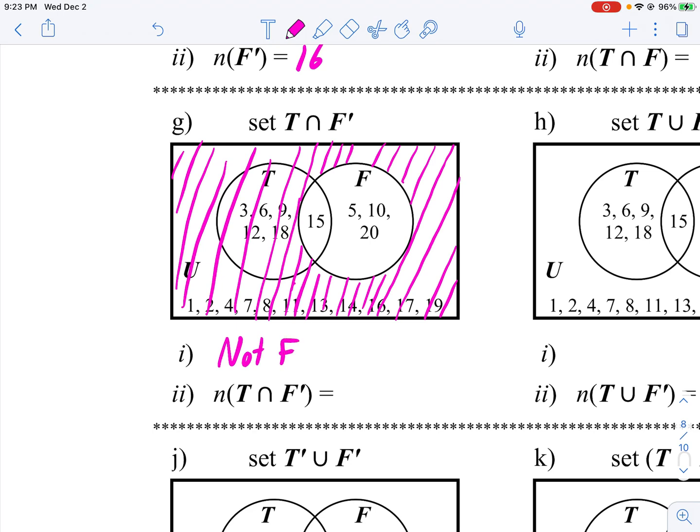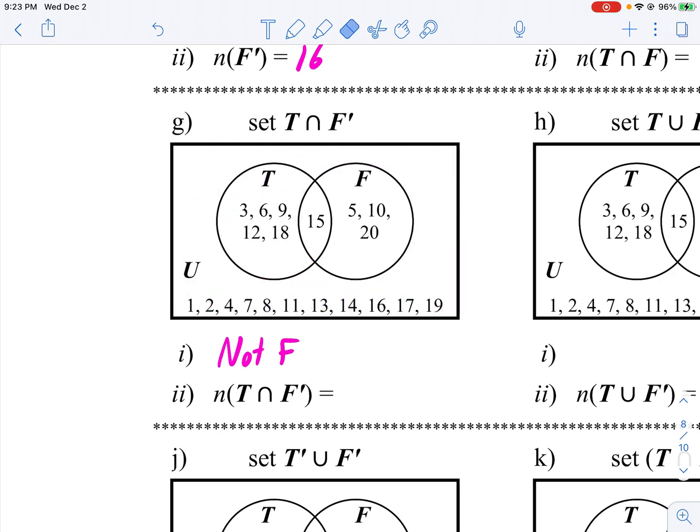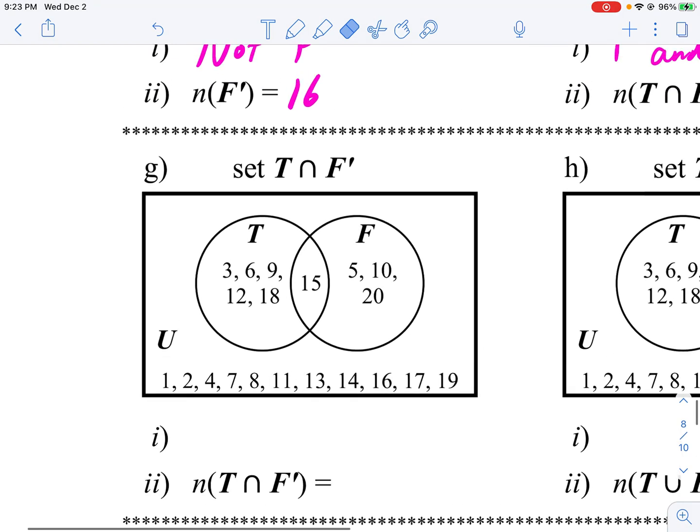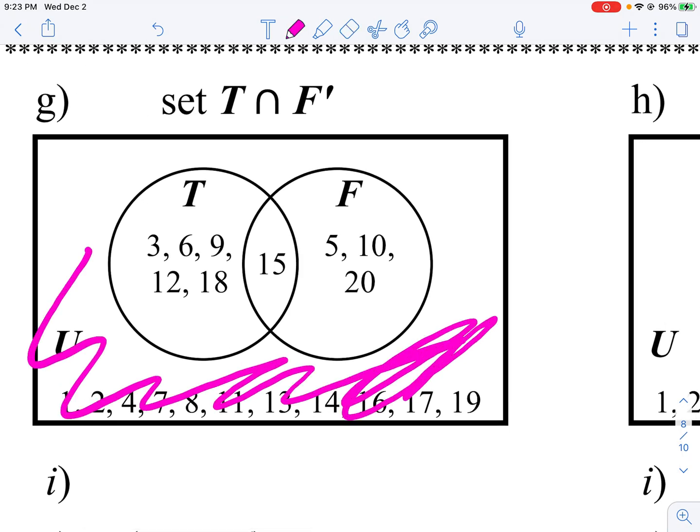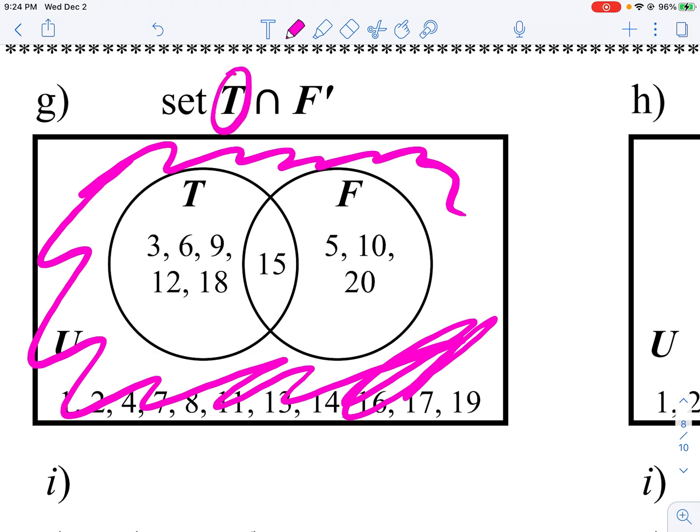What am I doing? I've messed up. So it's T and not F. We can't have this, because this would be considered not F, but it wouldn't also be considered T. We need it to be in both the subset T and the not F part. So we can't include this part.